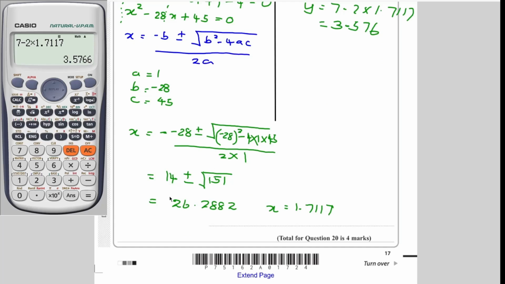Let's write here the final answers. x equals 26.3 and y equals minus 45.6. The other one, x equals 1.71, y equals 3.57.